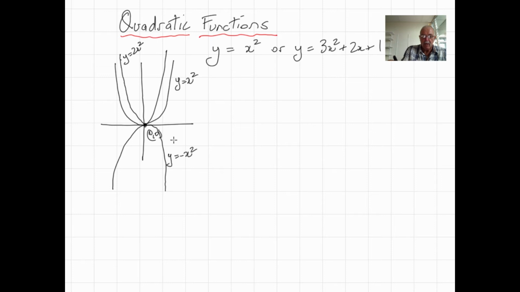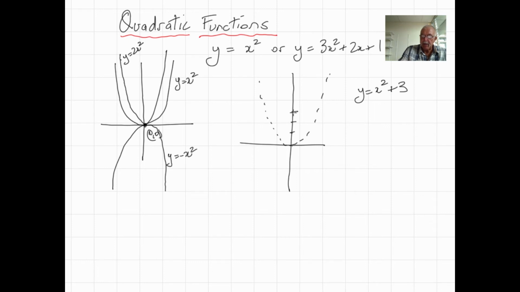Likewise with down below here, if we put a numeric value coefficient there, it'll behave like what we've got up there. To move the basic graph up and down, we've got y equals x squared plus 3. So we start off with our basic graph of y equals x squared, and we move it up 3 units. So 1, 2, 3.